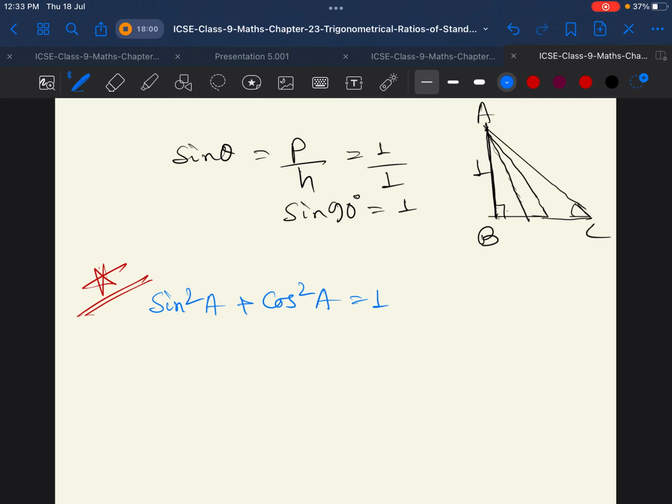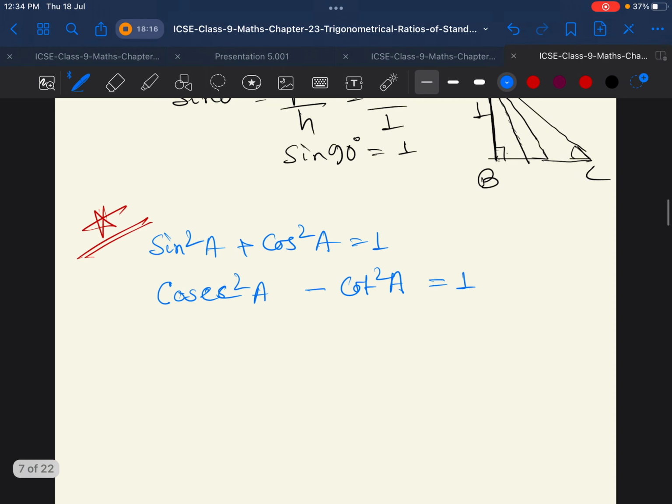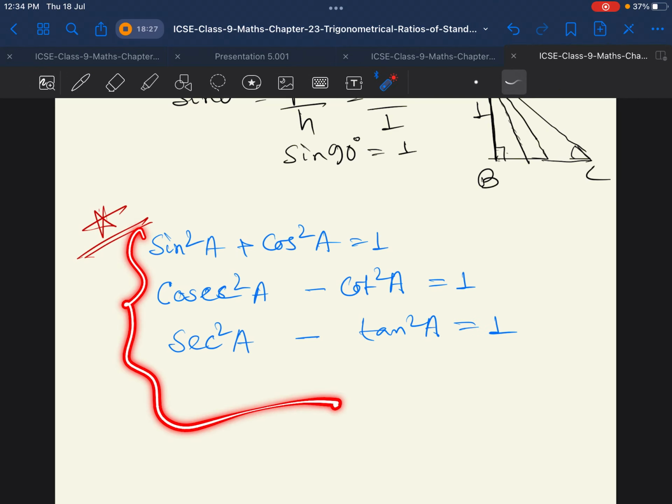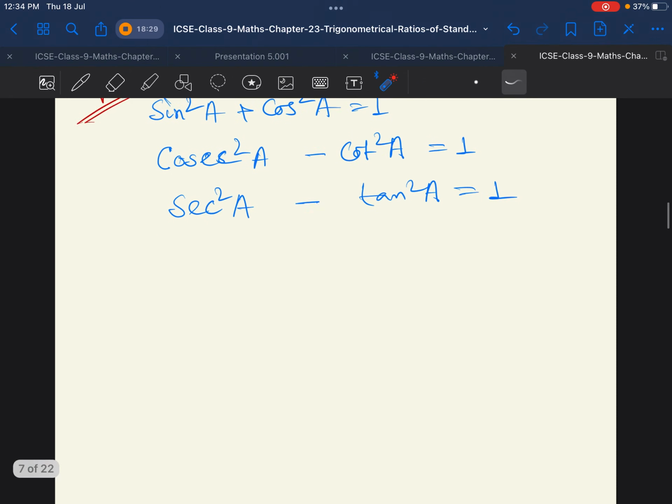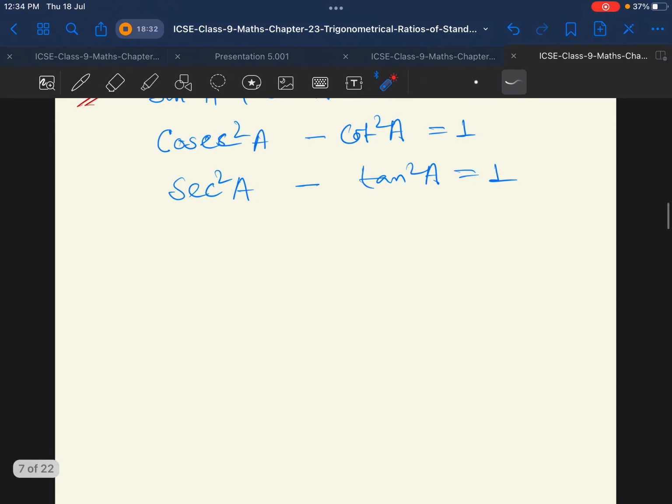Now cosec square A minus cot square A equals 1. Then sec square A minus tan square A equals 1. You must remember these laws. Now we start chapter 23A.